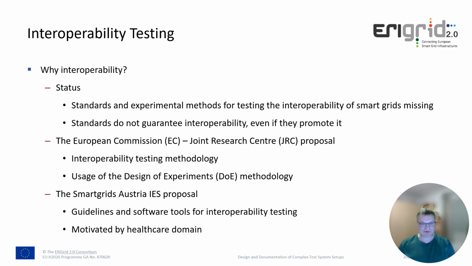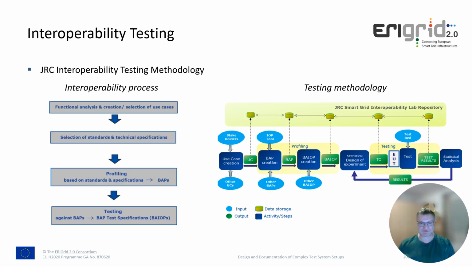But first I want to show you very briefly the approach from the JRC. On the left-hand side, you typically see the interoperability process, where you look at the functional analysis, the selection of use cases, then you map different suitable standards and technical specifications to it.